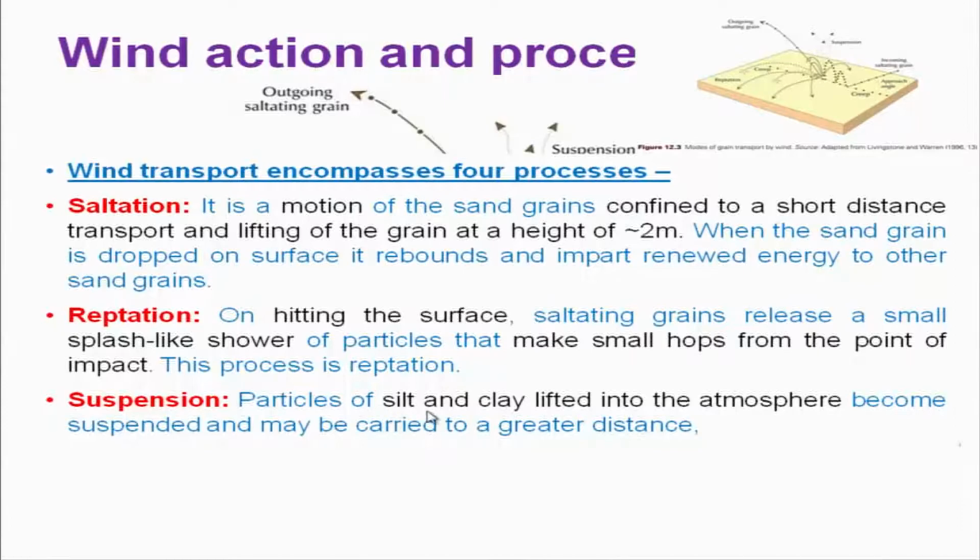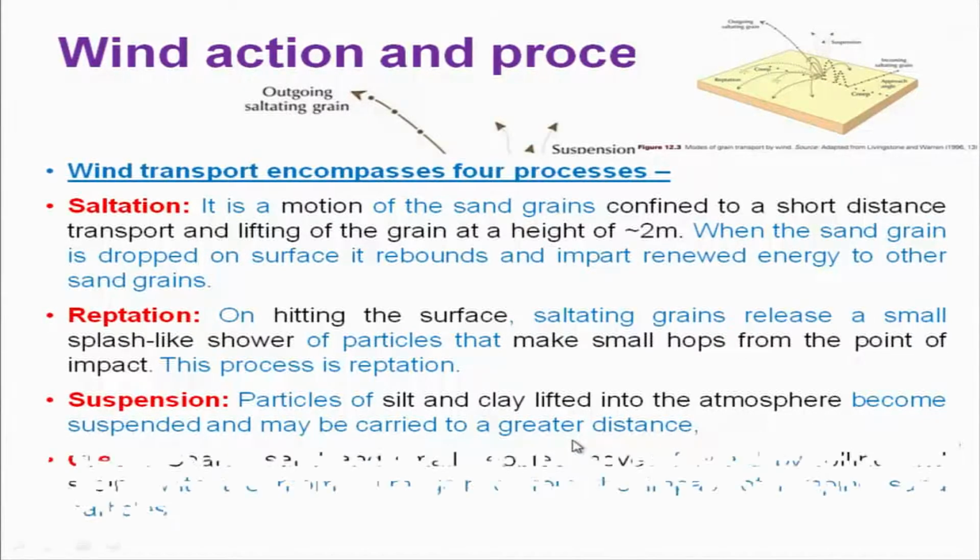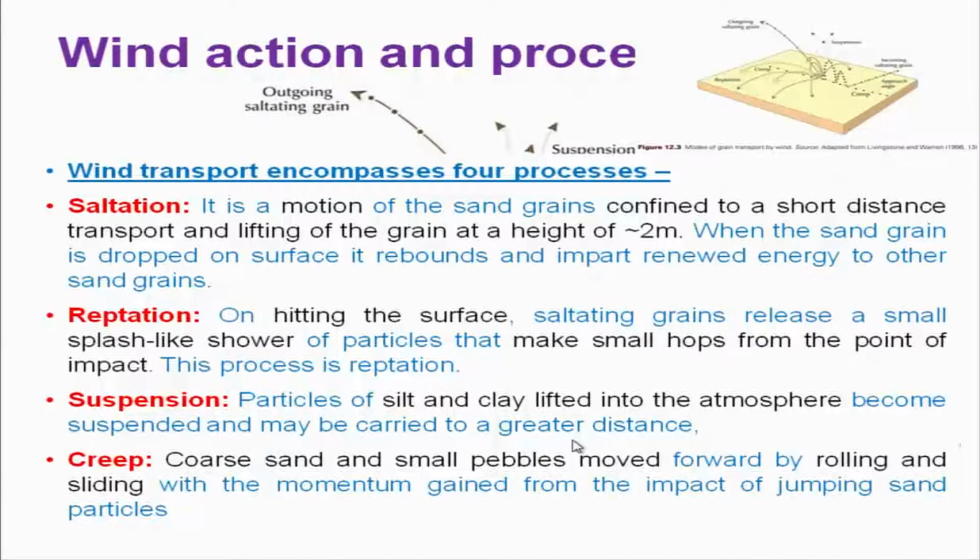But this one is a fine grain, silt and clay. If the wind energy condition is very high, then it will result in lifting into the atmosphere, and it will be transported for a greater distance.